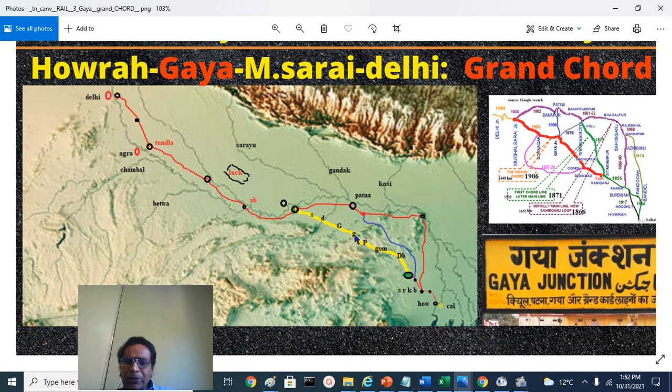The highest point is round about in the Hazaribagh Plateau region near Kodorma and Guzhanti. This is the place where Lord Minto inaugurated the train officially first time, and round about in Hazaribagh Plateau 300 meters. Most of the time in Calcutta, Howrah, this will be like 10-15 meters, maximum 10 meters above sea level only, and Delhi Ghaziabad is round about 250 meters above sea level, and the highest point near Kodorma region, Guzhanti, will be round about 330 meters or 350 meters and so on.